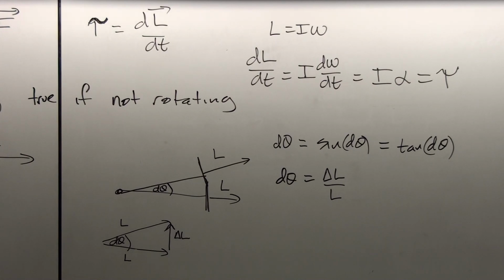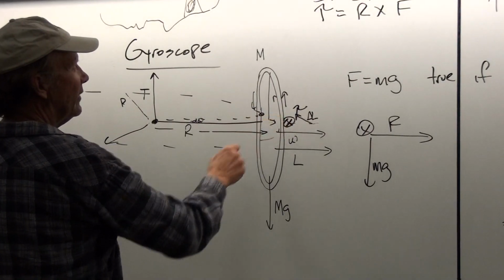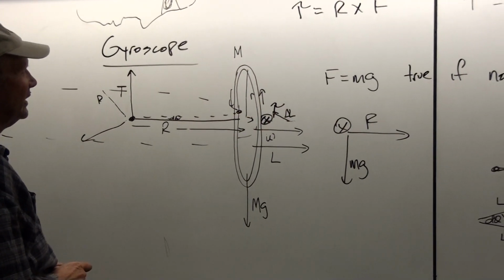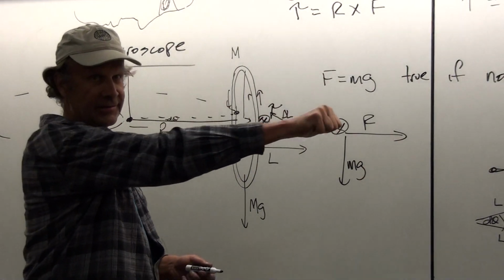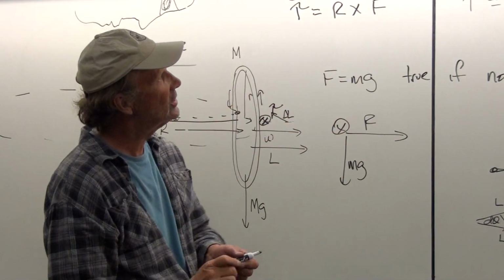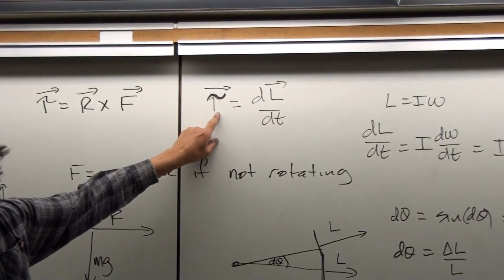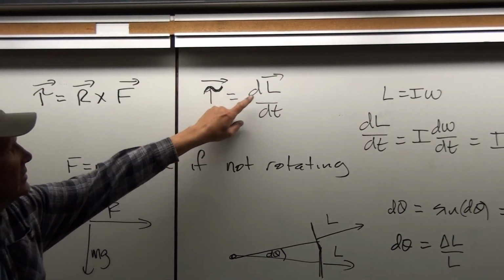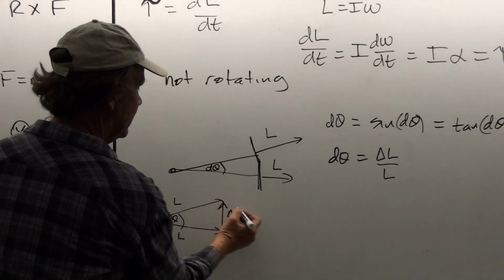Okay, so we have a change in the angular momentum then that's happening in the tangential direction because torque is equal to r cross F. And the change in the angular momentum must happen in the same direction as the torque, because torque is dL/dt. So this is the change in angular momentum, this direction.